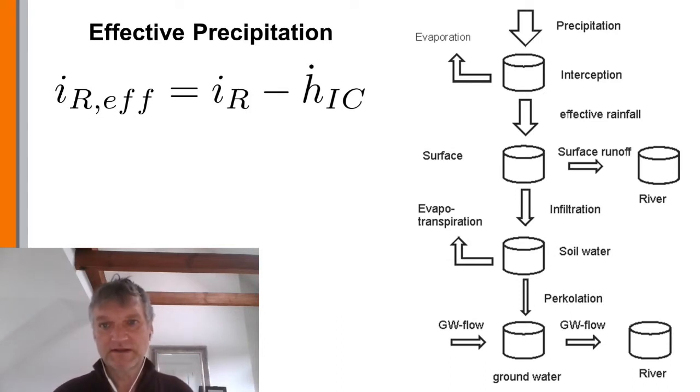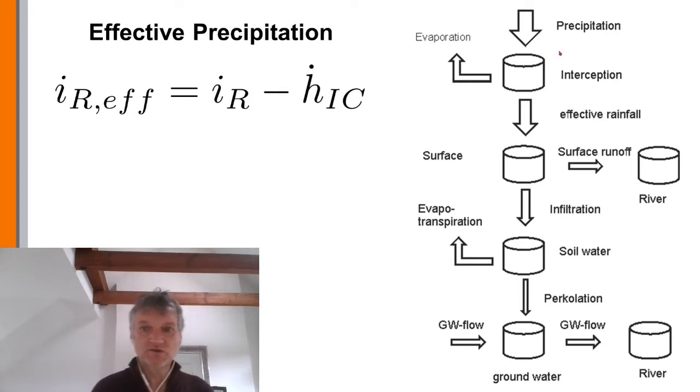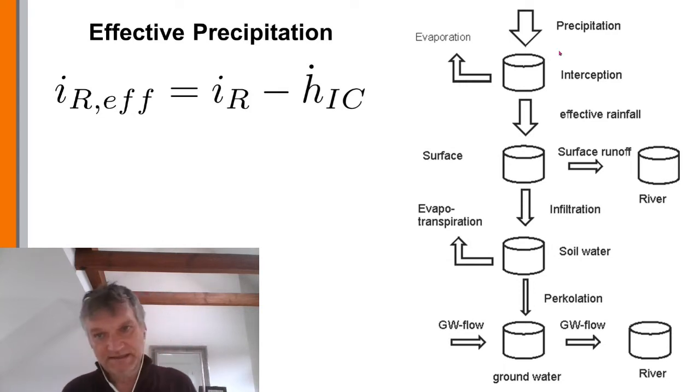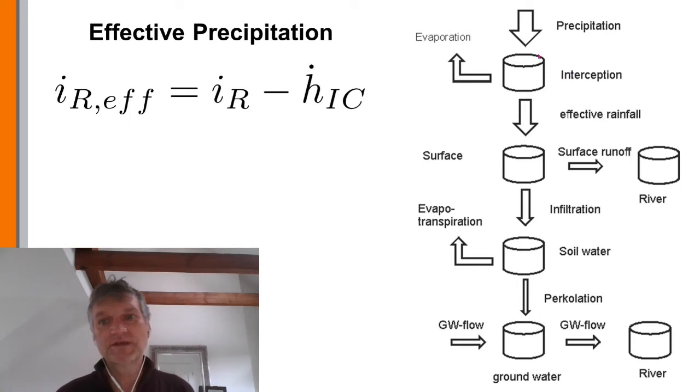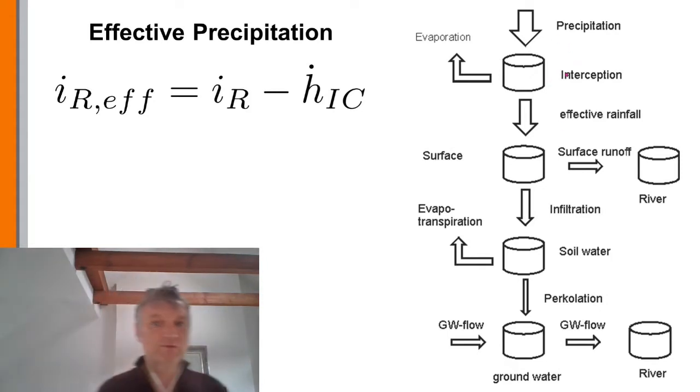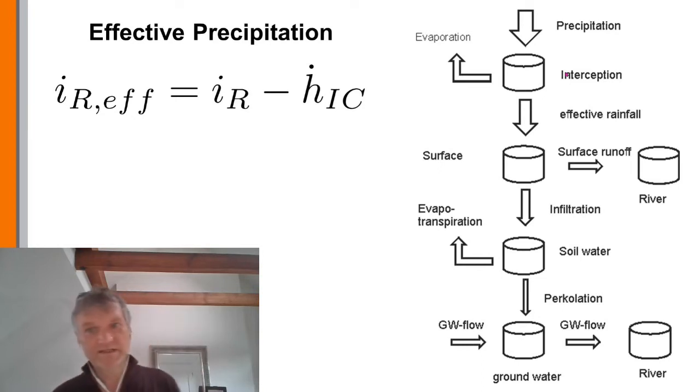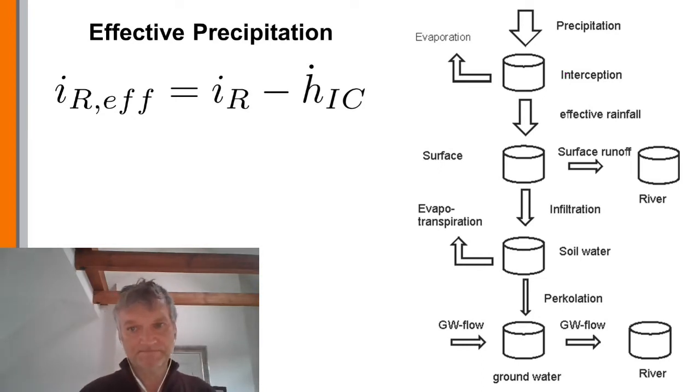We have some precipitation which goes to the vegetation, and there it will be captured by the vegetation, will stay there, and will go back by evaporation to the atmosphere, and therefore not all the precipitation is going to the bottom. There will be a loss due to interception, which is the loss of precipitation in the vegetation.